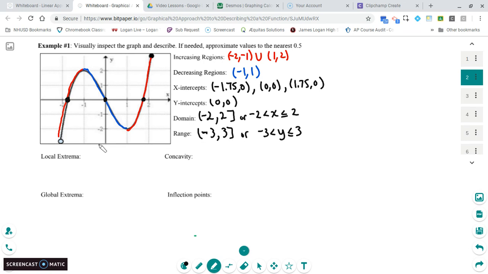So I will list that one. The location of that is at 2, 3. So that's one local extrema. The others are at the peaks and valleys. So this is a local max. This point right here is a local maximum for this domain. It's not the absolute maximum, but it is a local maximum. So I will list that point.